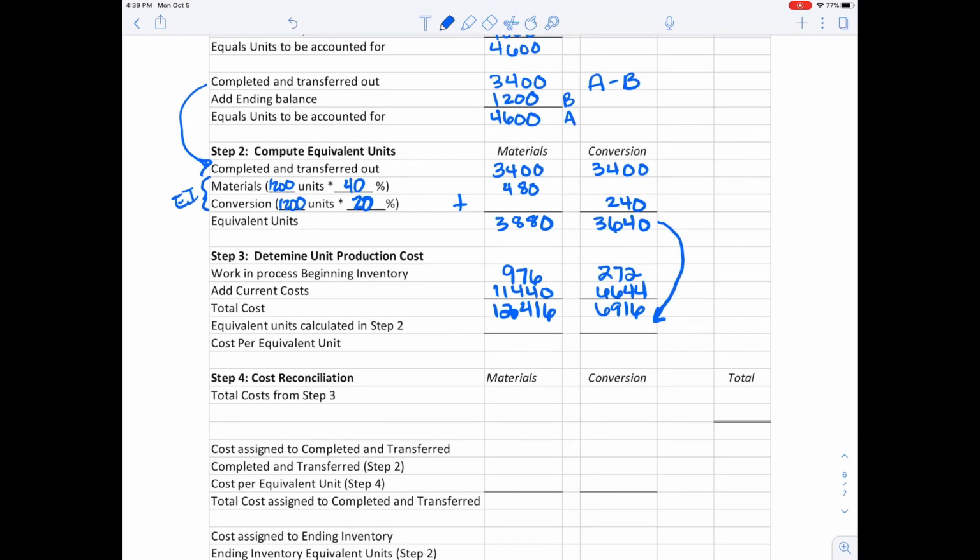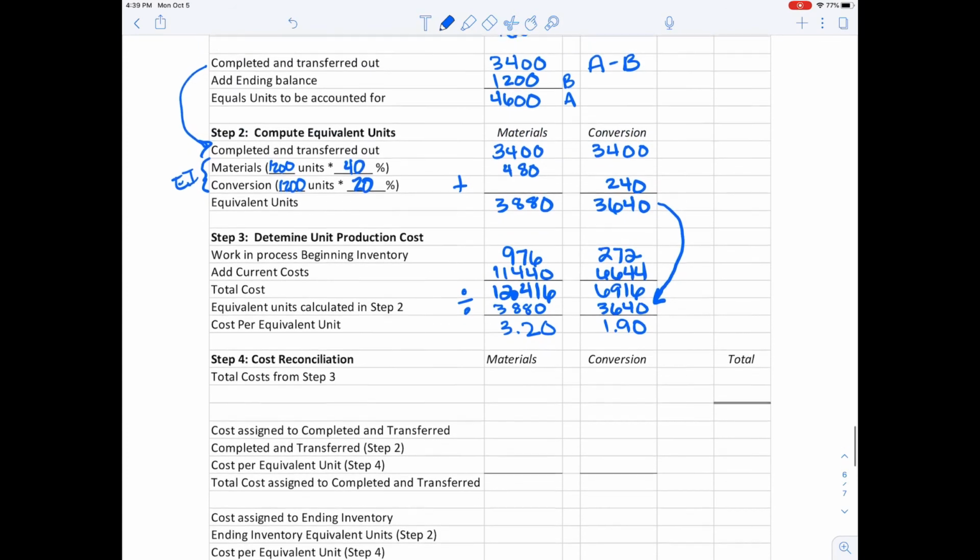Then I'm going to take those equivalent units down from step 2, 3880, 3640. I'm going to divide that to get my cost per equivalent unit of 3.2 and 1.9.